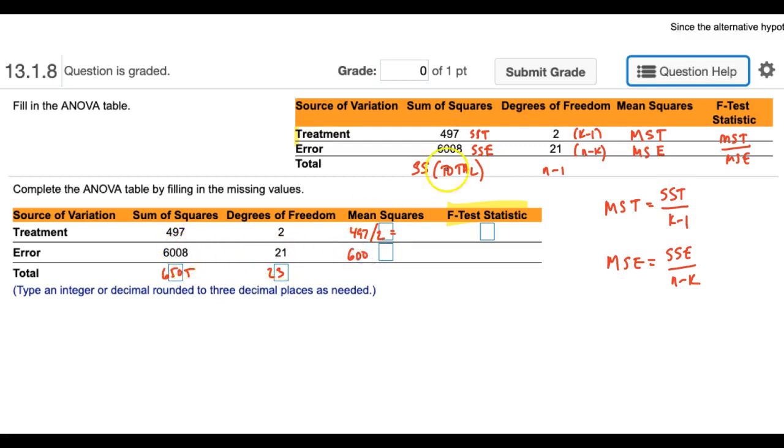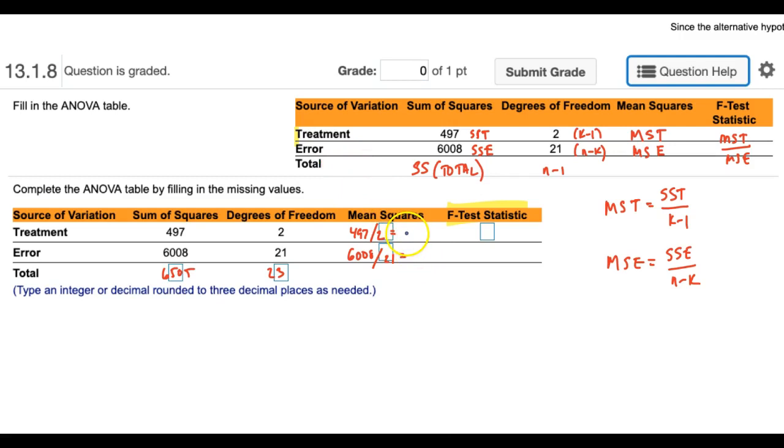You divide this by this, and that's how you get your mean square error, MSE, divided by N minus k. So those are the values divided by 21, and then you get your answer. After you have those two answers, you get this answer here.